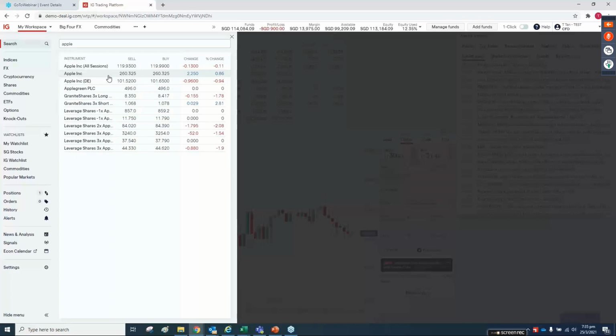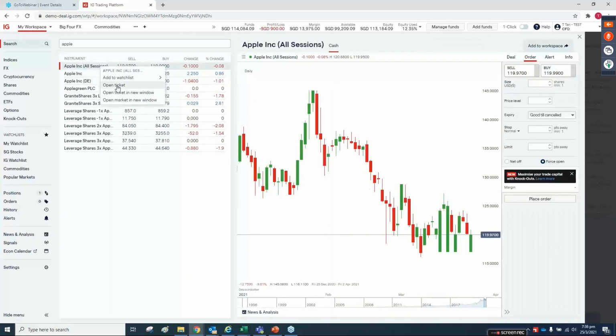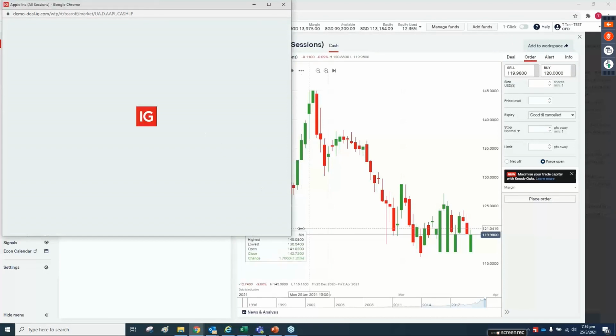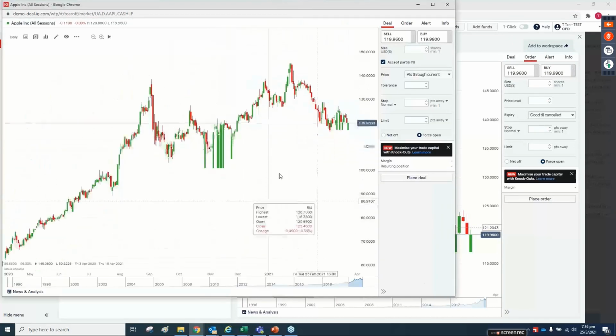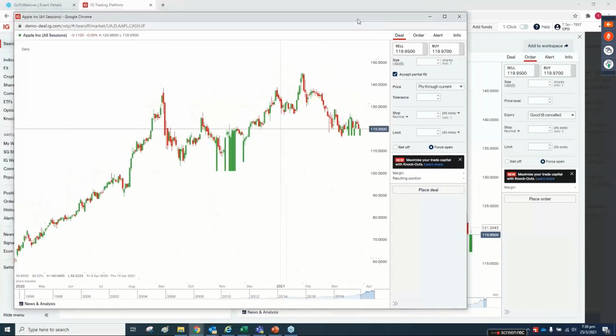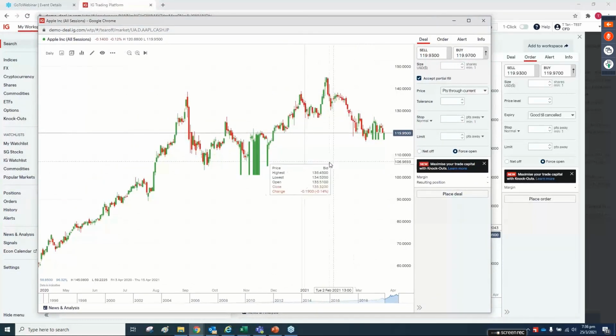Let me just take a quick look. Okay, let's just go for this first. I think this is because of the all sessions, hence some private trades being marked there.